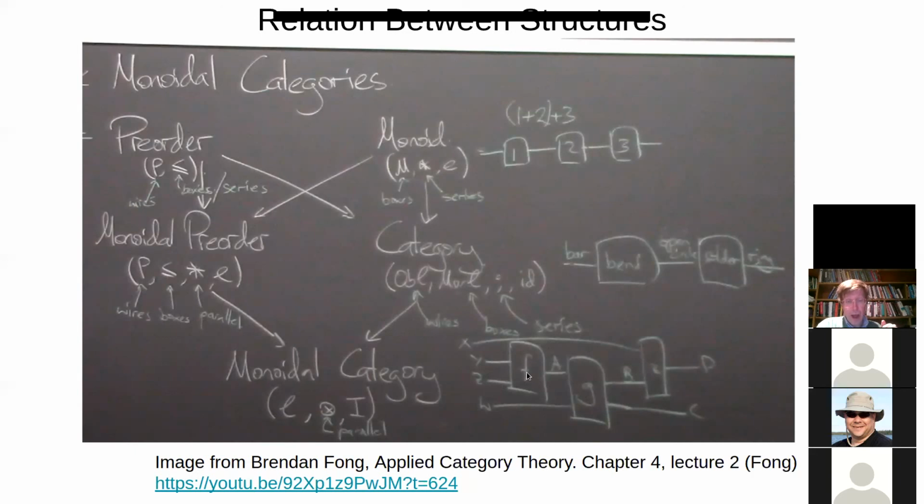For example, F here is going to be operating on the monoidal product of Y and Z. Okay, and Z here will be operating on the monoidal product of X and B here.